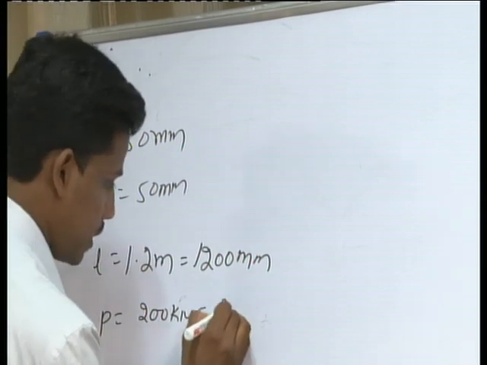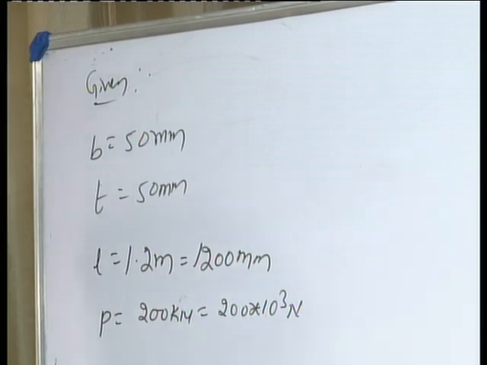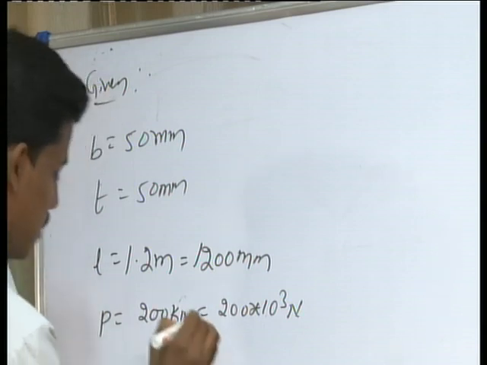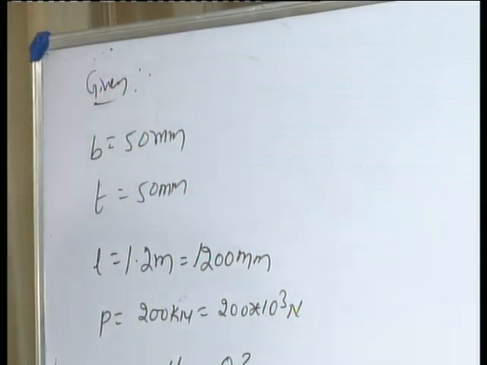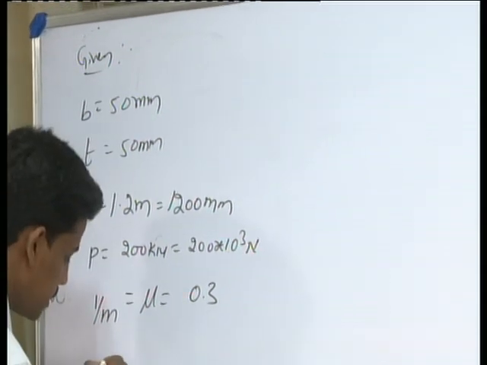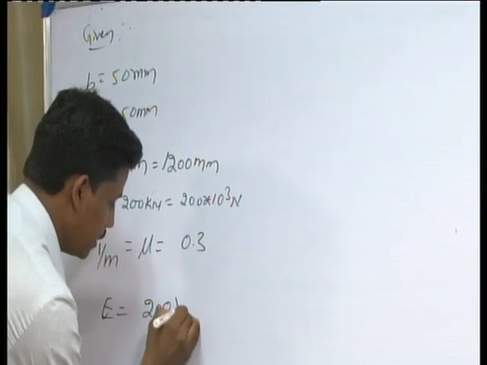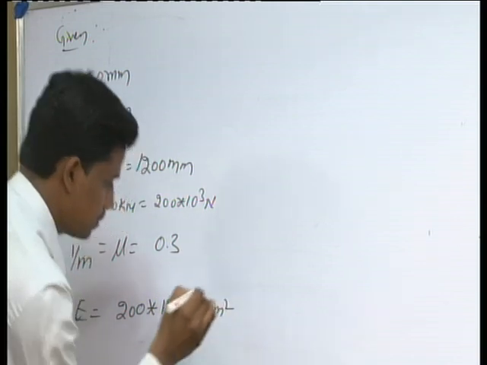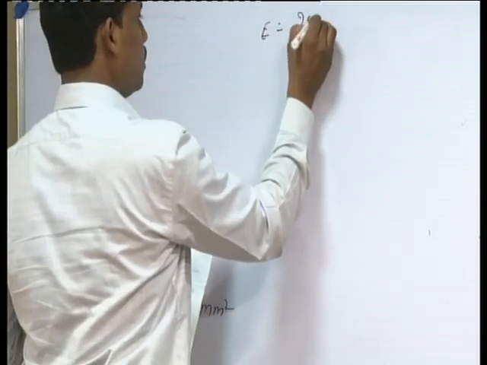So P is 200 into 10 to the power of 3 Newton. Given 1 by m, this is Poisson's ratio, which we can call mu. Poisson's ratio mu is equal to 0.3. And E is given as 200 GPa.